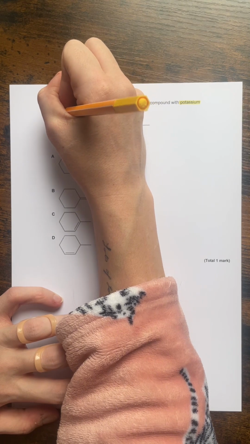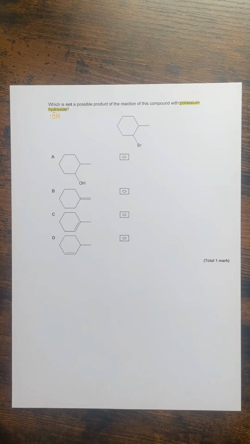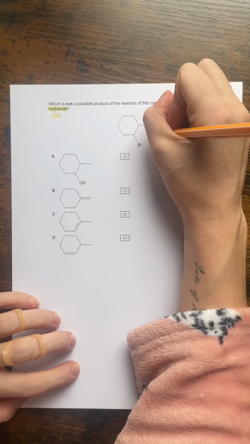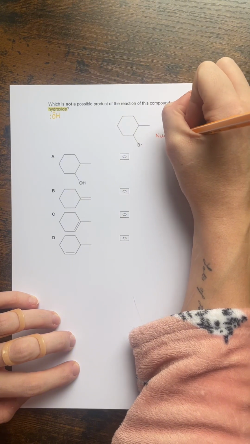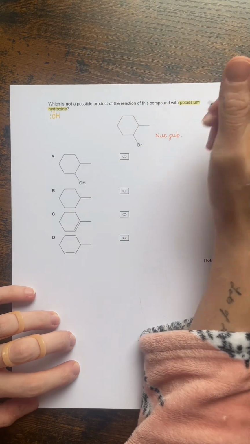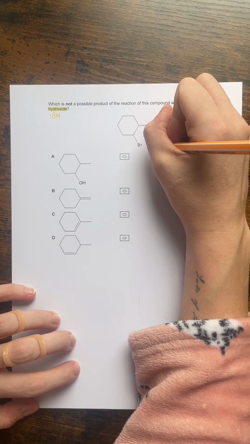Now, based on the four options that we've got, we can see that only one of those products is an alcohol. So that is essentially what they're suggesting is the product of nucleophilic substitution. And in nucleophilic substitution, the OH will be acting as a nucleophile.